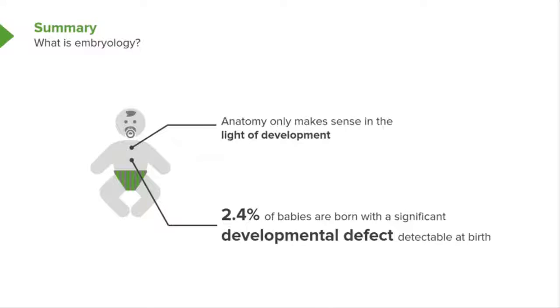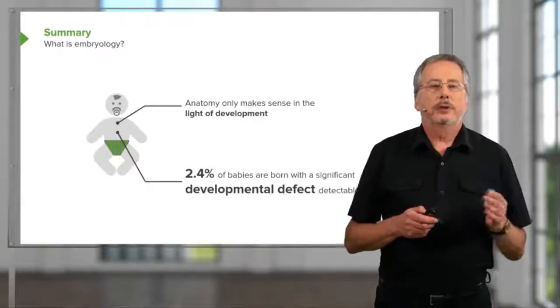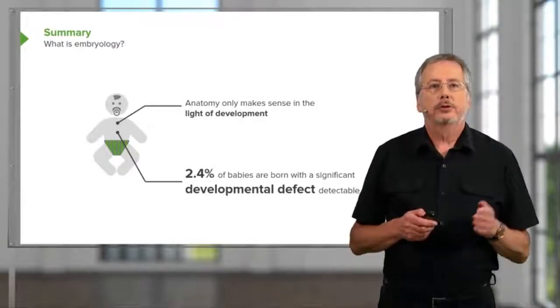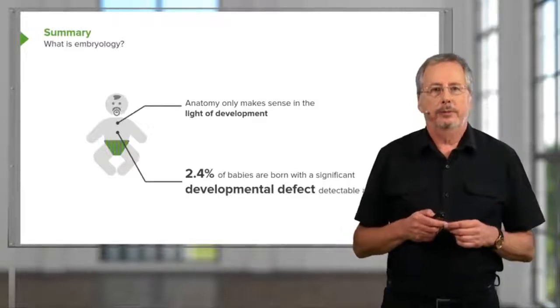In addition, 2.4% of all babies born in Western Europe have a significant developmental defect, and that means one detectable at birth. If we were to follow babies forward, we'd find that about the same number again will show signs of a developmental defect that wasn't obvious at birth.